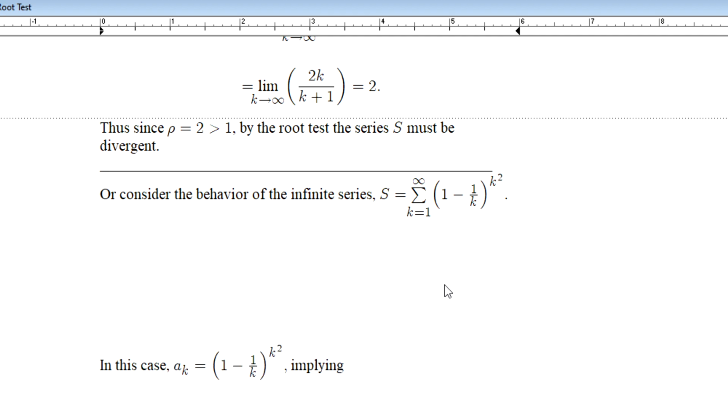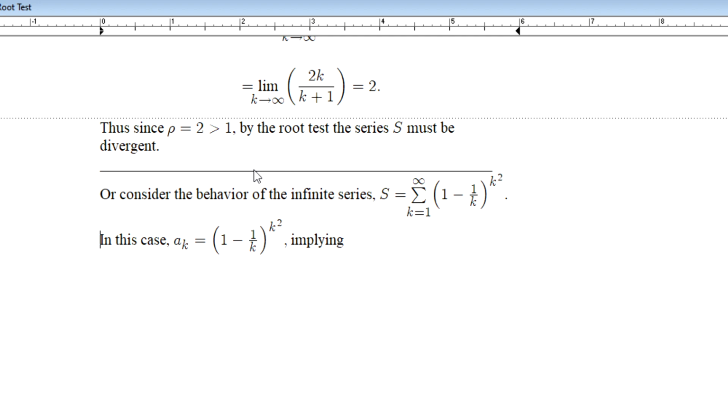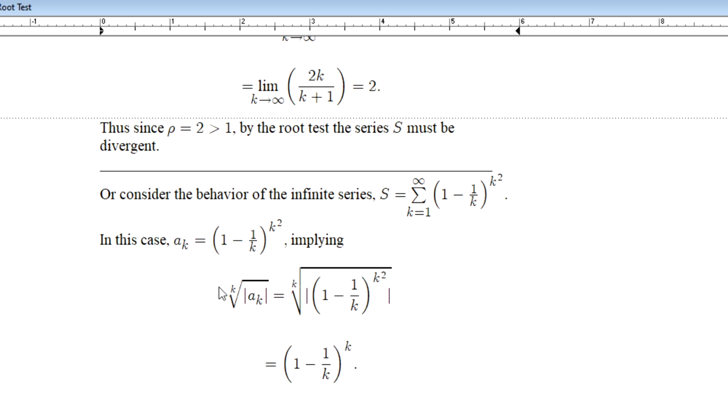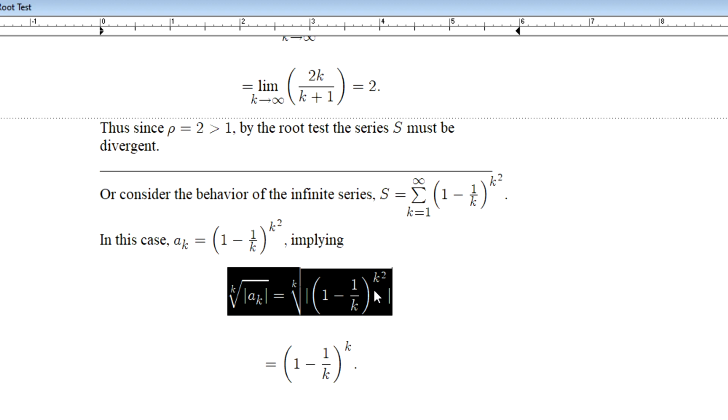To begin with, in this case, a sub k would be equal to that argument we see up here in our series, implying if we thought of the kth radical of its absolute value, that would be given by this quantity here, where we would note that, first of all, this is always going to be positive for any values of k from 1 to infinity, so the absolute value symbols are really not needed. We can just drop those away.